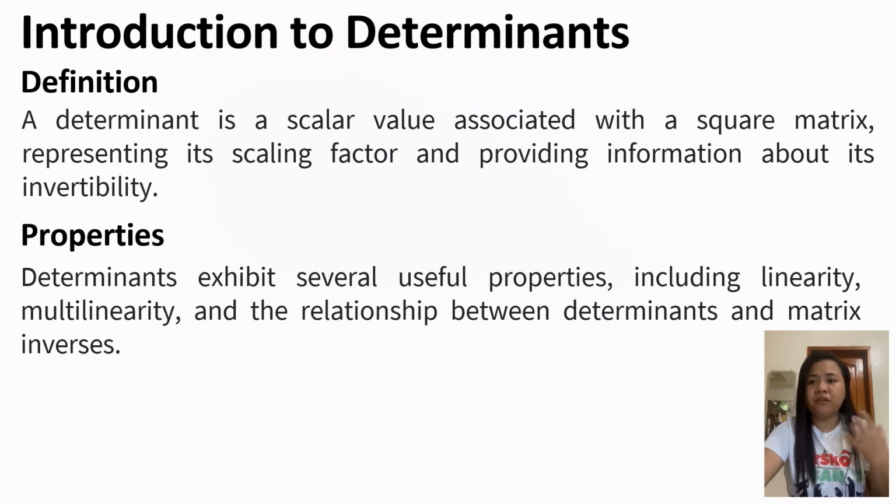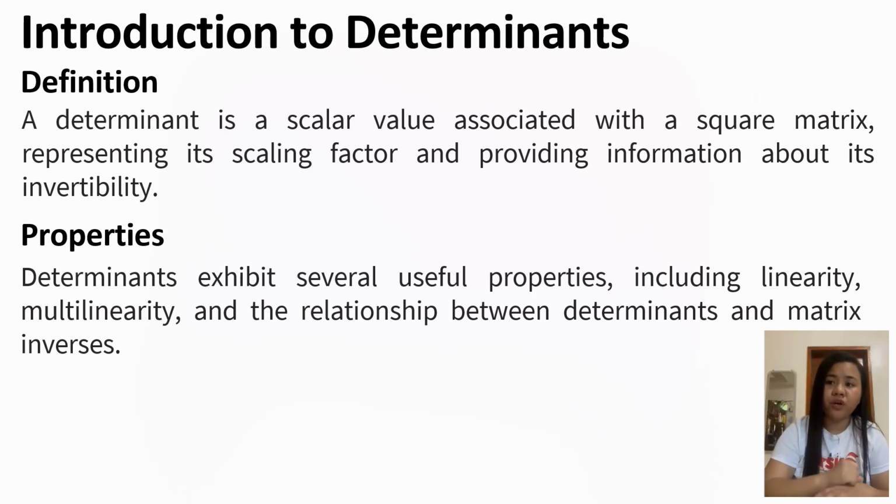When we talk about the traditional methods of computing determinants, we have the cofactor expansion. I know you are very familiar with the cofactor expansion because during our college days, this is a very common way of solving matrices. The determinant of a matrix can be computed using the cofactor expansion, or the Laplace expansion, which involves expansion along any row or column.